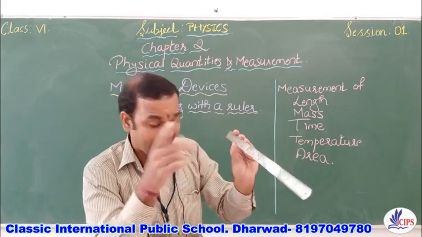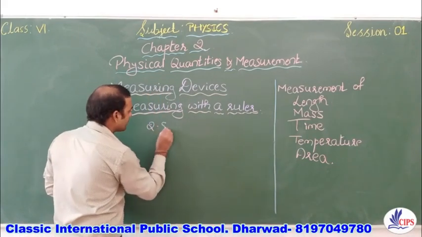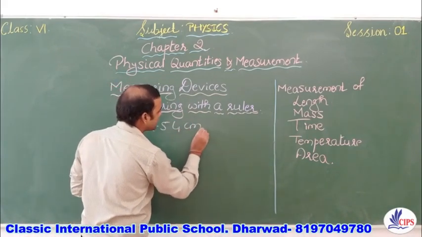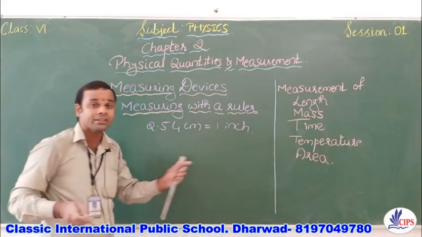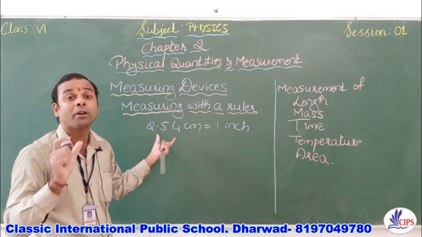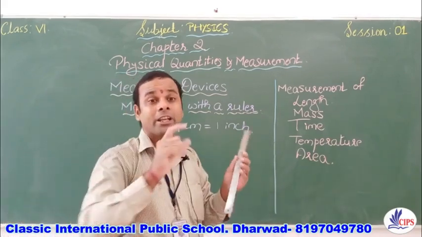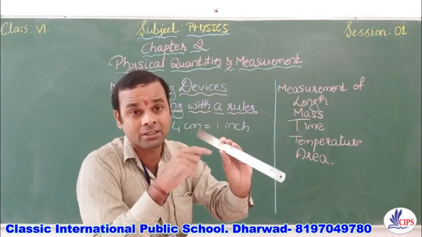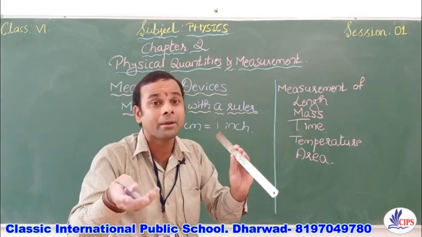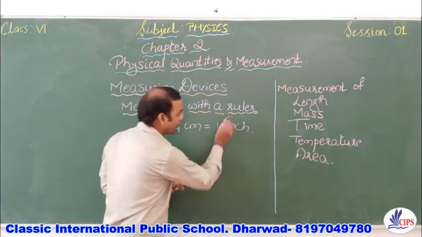We have the value 2.54 centimeters, which make 1 inch. So 1 inch is 2.54 centimeters. We cannot measure inches in centimeters or centimeters in inches. We can convert them, but we cannot say we are measuring in terms of inch.